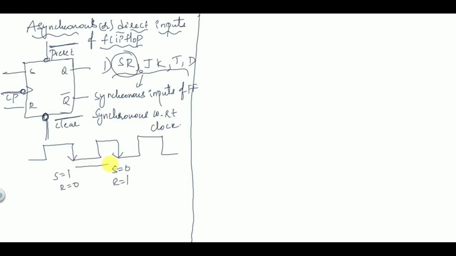So this is set, so Qn plus 1 is equal to 1. In between, if you want to make Qn plus 1 equal to 0, you can't make this directly, because all the inputs are synchronous with respect to clock.